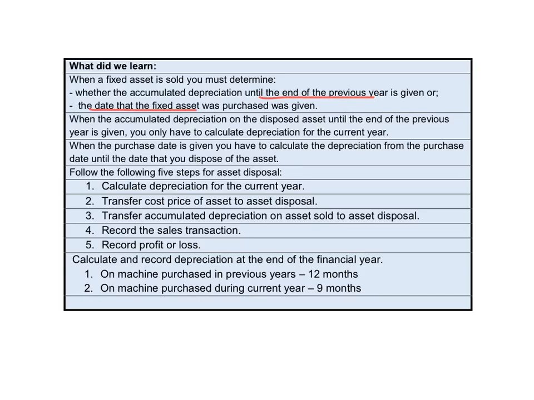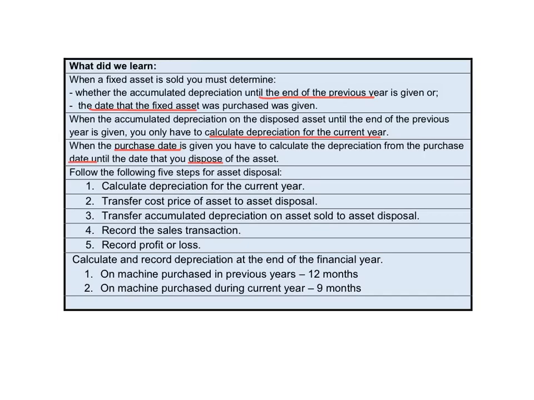When the accumulated depreciation on the disposed asset until the end of the previous year is given, you will only calculate depreciation for the current year. When the purchase date is given, you have to calculate depreciation from the purchase date until the date that you sell this asset.